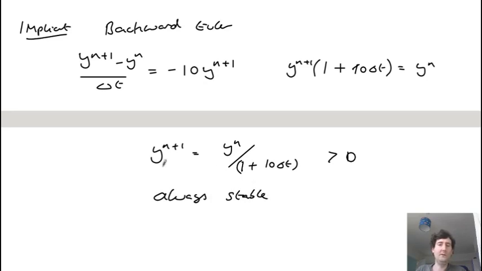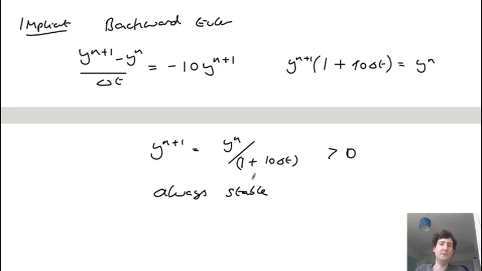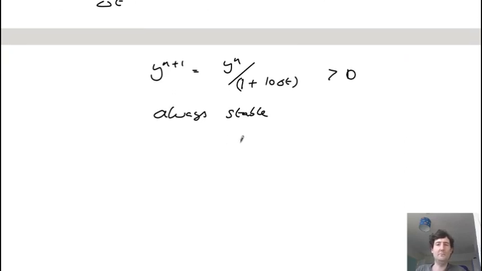So it's always stable. y always decreases. It gets less and less accurate as delta t increases. So as delta t increases, the decay rate will be worse, further from what it should be.